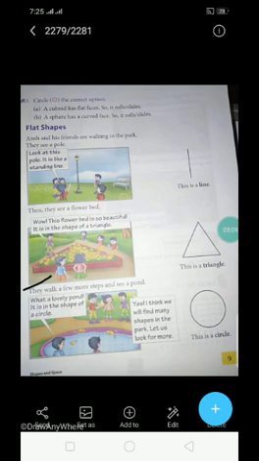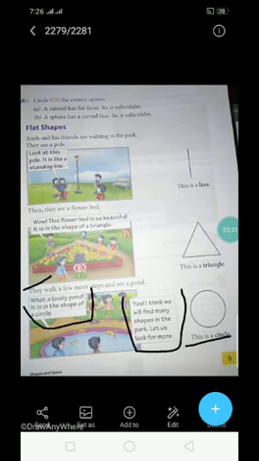They walk a few more steps and see a pond. What a lovely pond! It is in the shape of a circle. So this pond is in the shape of a circle and this is a circle.